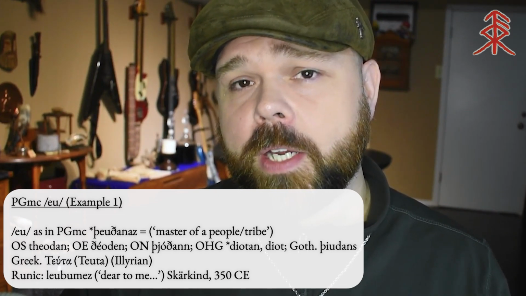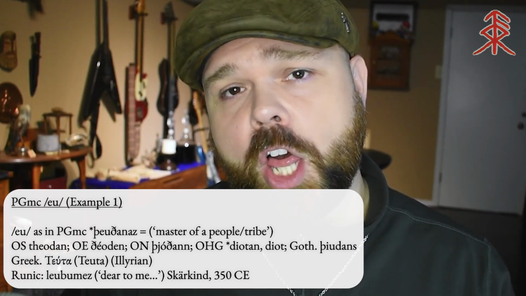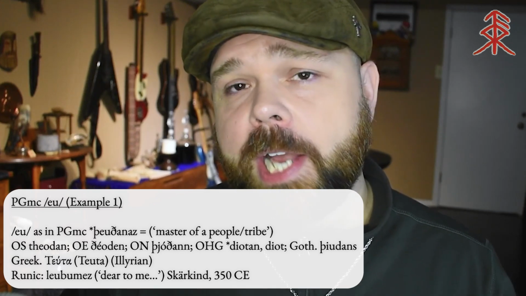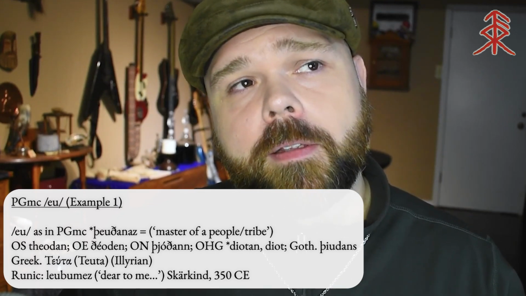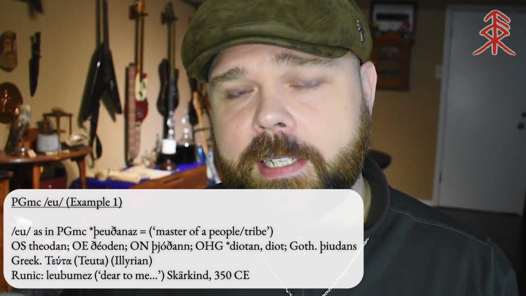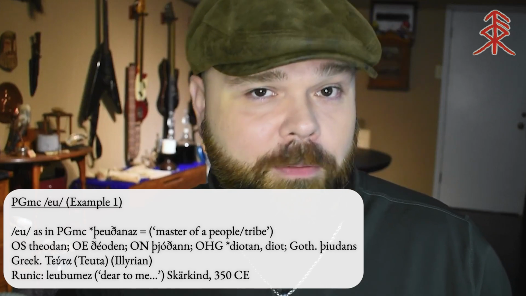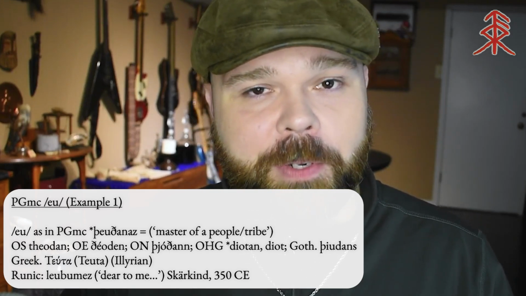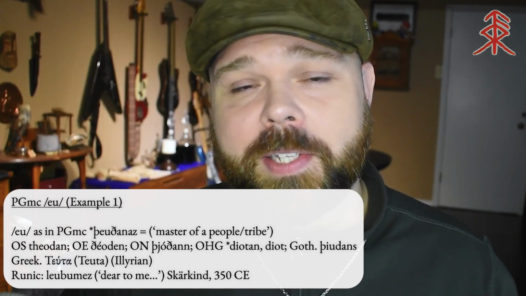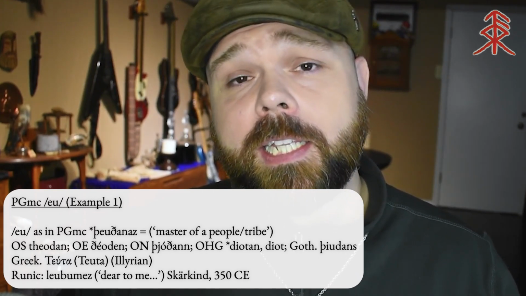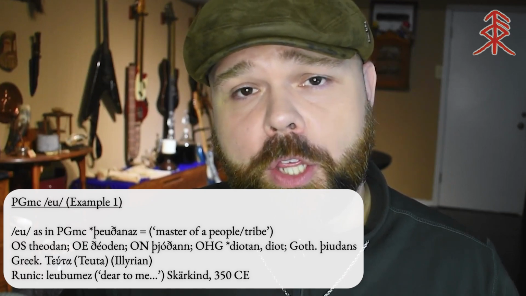And then in Old High German, we have Djot. That's actually not the exact reflex. The exact reflex for this word in Old High German would just be Djotan. But this is unattested. And then finally, in Gothic, we have Thjóðans.